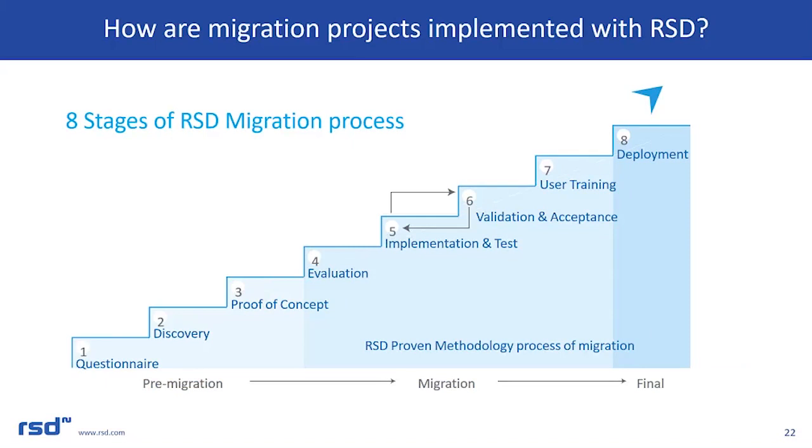The third step, proof of concept. We show you what we can do, we show you how to do it, and how easy it would be to implement into your organizations. Number 4 is really the evaluation of steps 3, 2, and 1. Do we satisfy that? How can we move forward? Once we start to move forward with the migration, steps 5 and 6 are what I call repetitive steps.